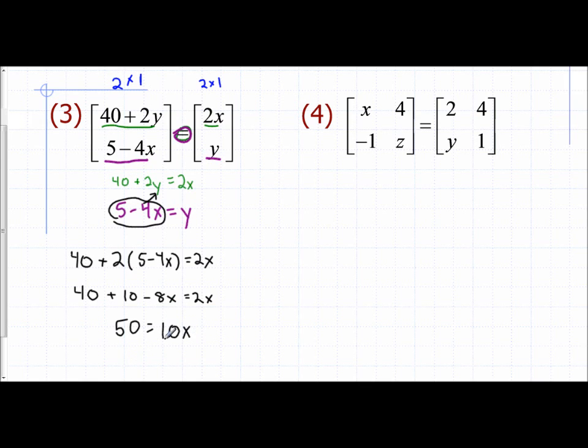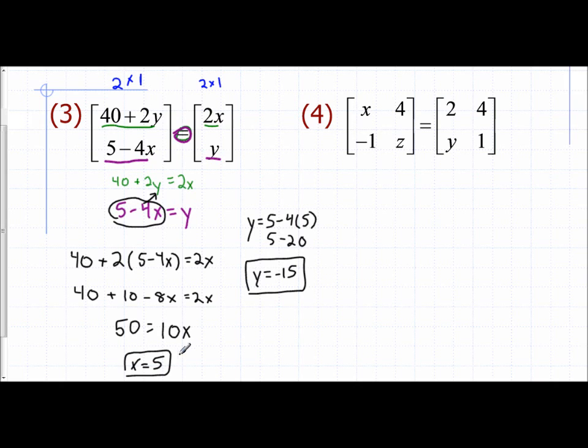Solve, divide both sides by 10, x equals 5. And so now that you know x equals 5, we can plug it in and solve for y. So y equals 5 minus 4x. 5 minus 4 times 5. 5 minus 20 is negative 15.